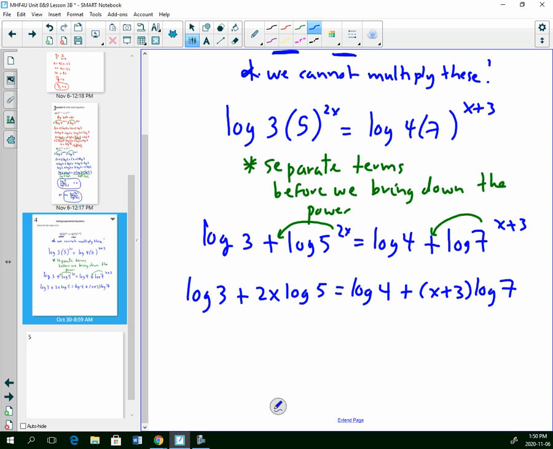Okay, so then it becomes just like the other question. So there's just that extra step as the previous question in that you need to separate terms before we bring down the powers. Other than that, it's exactly the same. So at this point, I'm going to expand any brackets.